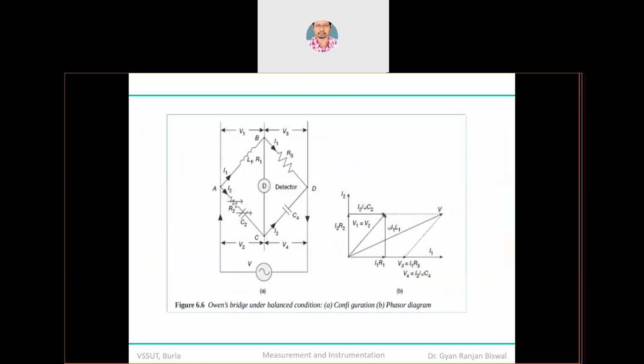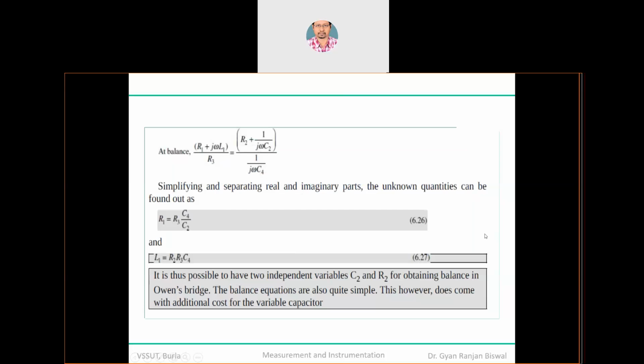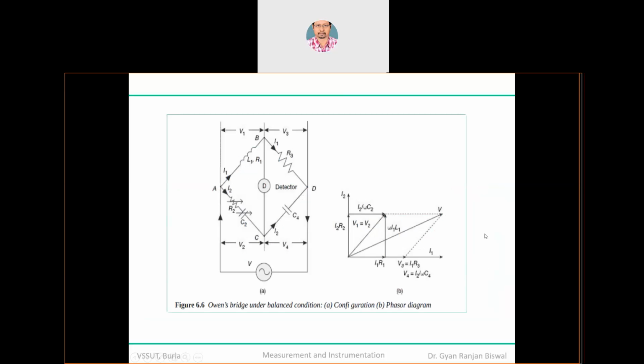R3 remains the same. C4 is now, remember, not a variable capacitor, it is a fixed capacitor. And R2 and C2 are considered as a variable resistance and variable capacitance in arm number 2, in other words, the arm between A and C. So accordingly, you do the phasor diagram representation. I hope you should not feel any difficulty.